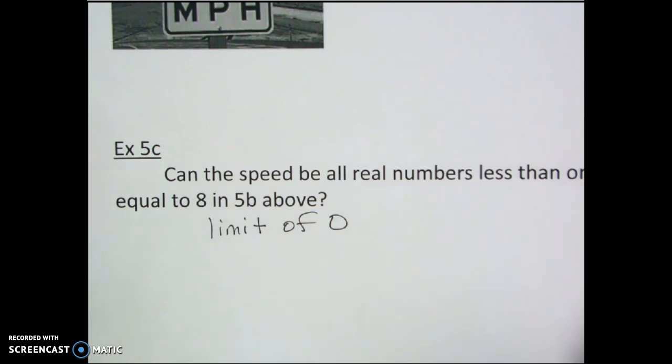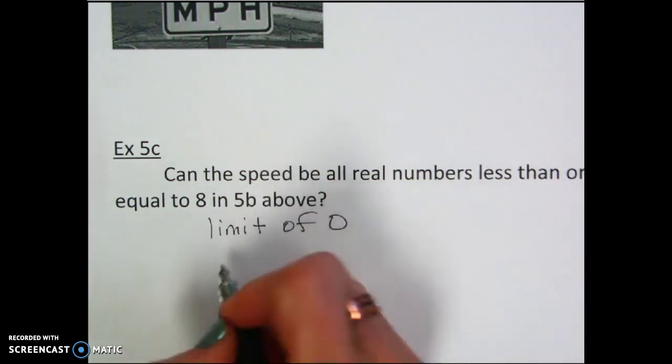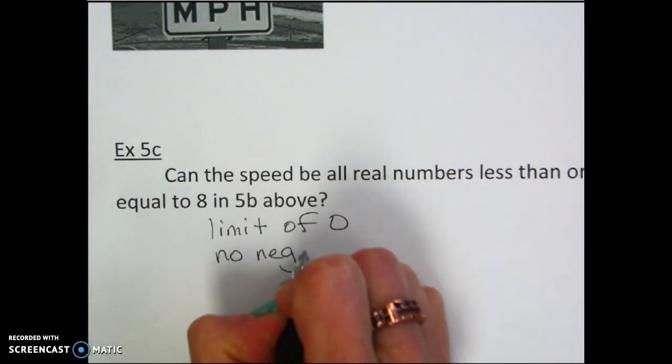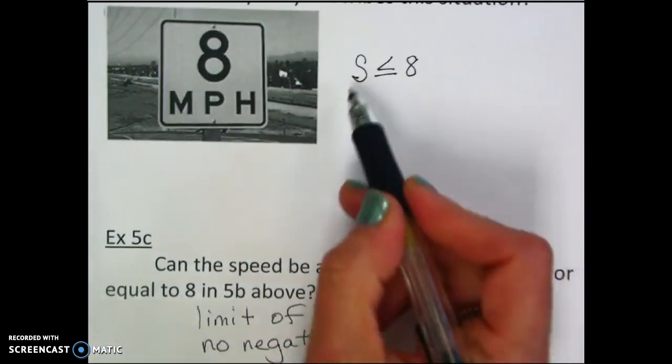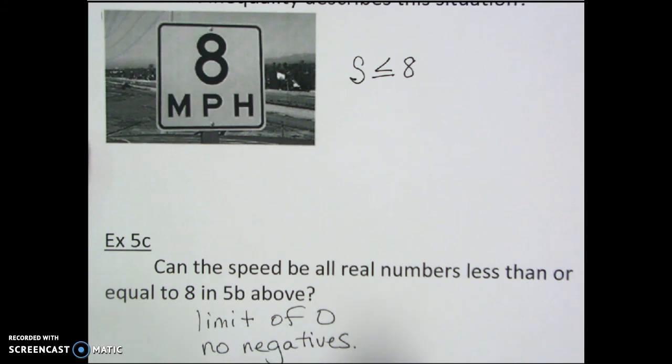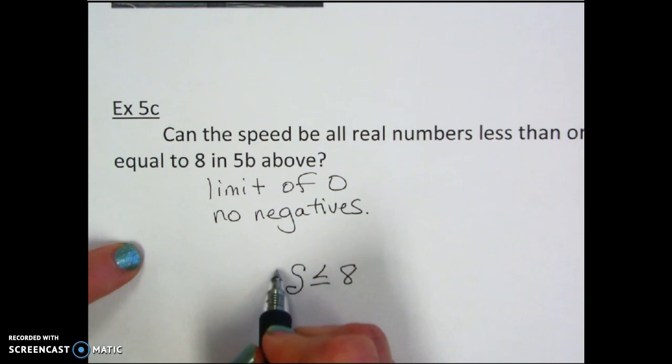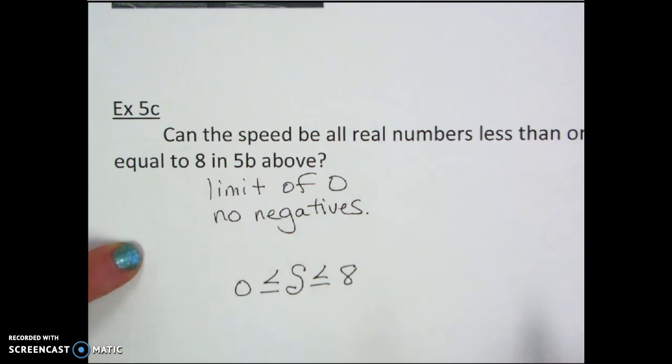You can't really go below 0. Okay, in other words, no negatives. So what that allows us to do is basically say our speed, yes, it's going to be less than or equal to 8, but it's also going to be greater than or equal to 0. So it's kind of sandwiched in between 0 and 8. And we'll look more at this in another section.